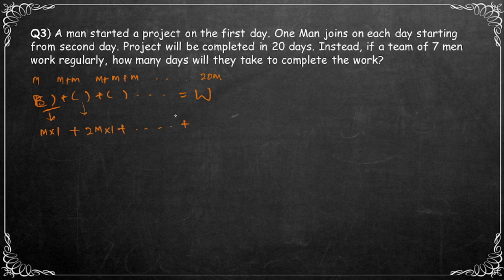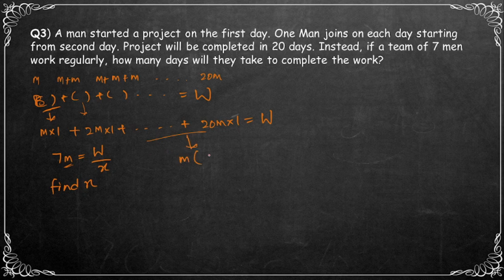Like that it goes till 20th day, which is 20 men into 1, is equal to total work. Now what they are asking for is, if 7 men have worked, how many days would it take to complete? We need to find X. If we want to find X, we need to find M first. So from this equation, how do we do that?